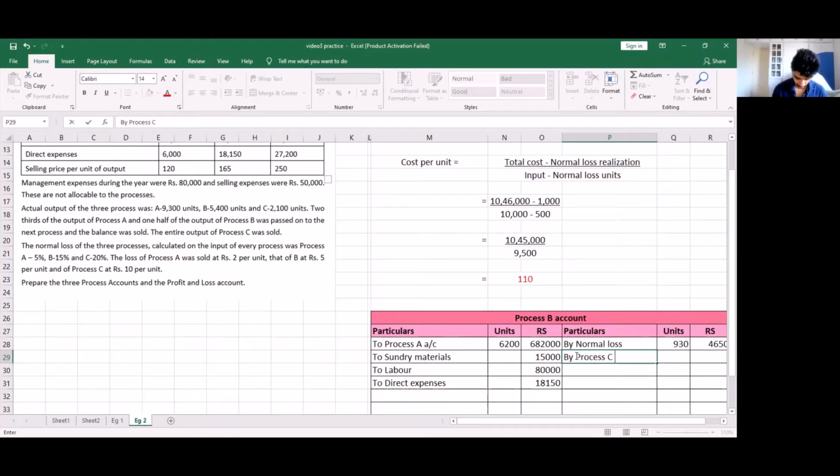So this means we have process C account, half of 5,400, and the remaining half is going to go to our costing P&L account.